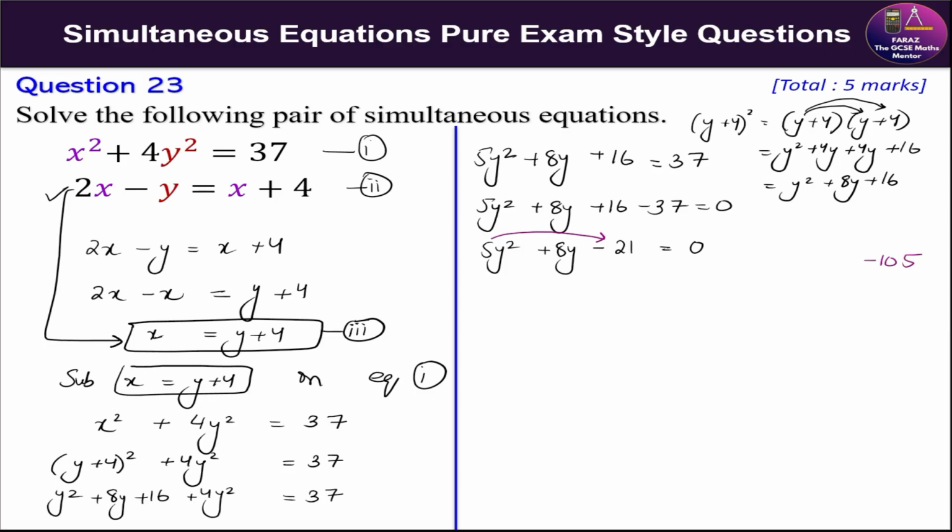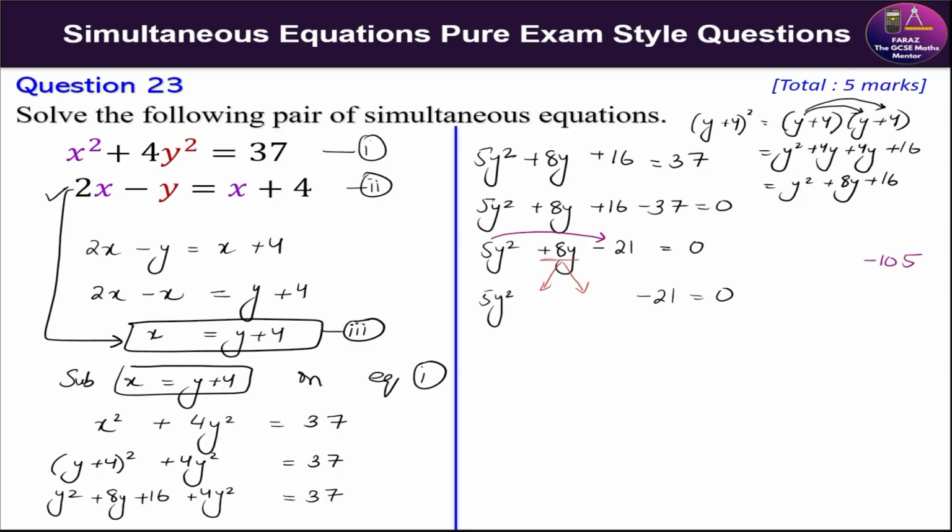Keep this number here, that's the reference number. Now bring this 5y square down, and negative 21 equals 0, leaving some space in the middle. Why? Because we are going to split this plus 8y into two terms.